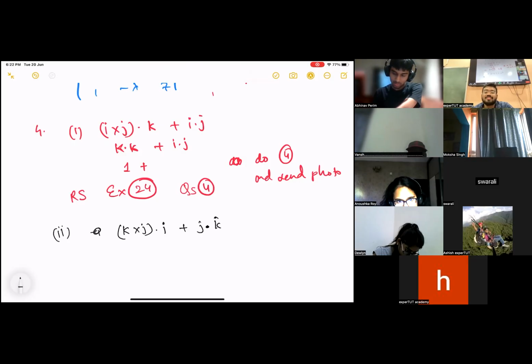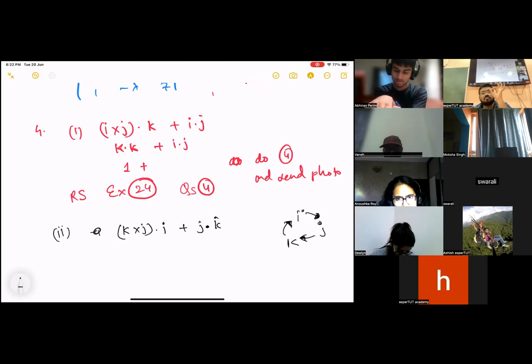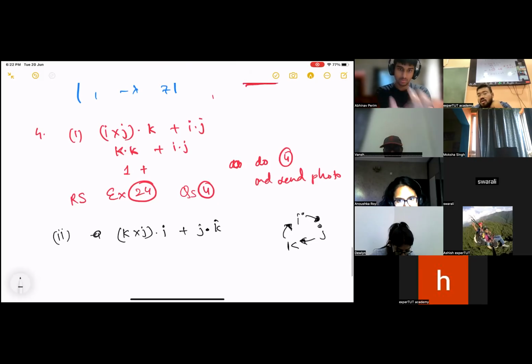So, yes, Anushka, what is K cross J? K cross J is minus I, because you're going in the opposite direction of the arrows.